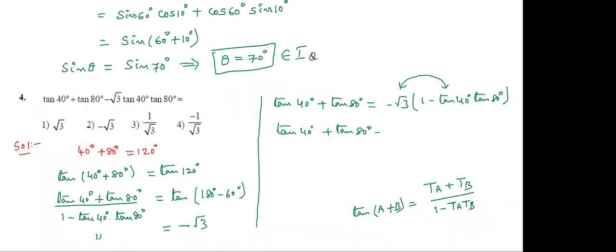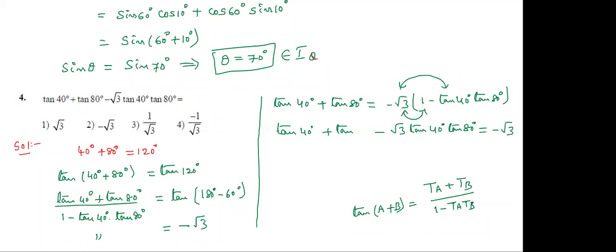Send those values to the left hand side. We get minus root 3 tan 40 tan 80. Now the remaining two, we can multiply: minus root 3 into 1 is minus root 3.